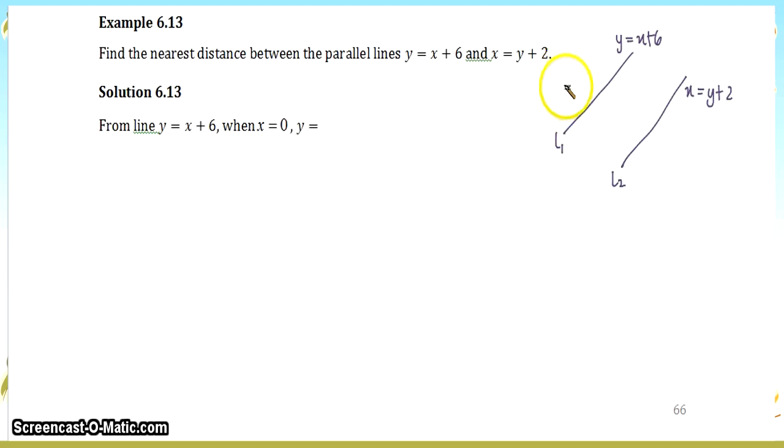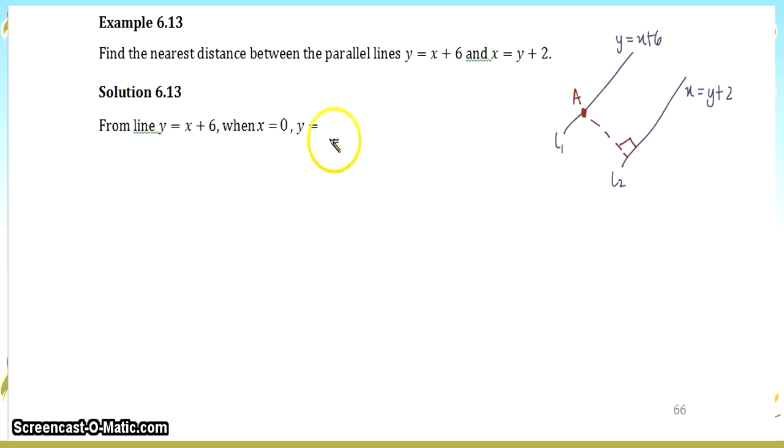We need to find a point on the first line, for example, this is point A. And then from this point, we need to find the shortest distance. So we use the same formula. How to find the coordinate of point A?